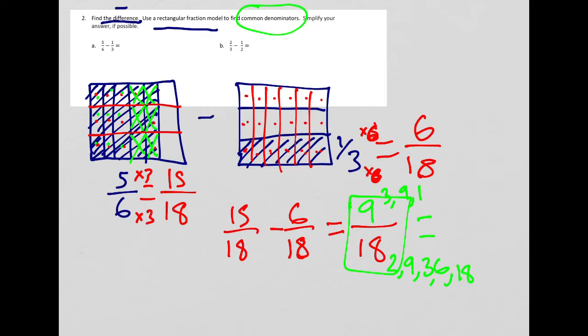And looking at that, I can divide each of them by 9 because 9 goes into both of them. 9 divided by 9 is 1. 18 divided by 9 is 2. So 9/18 can be rewritten as 1/2. So really, 1/2 is my final simplified answer.